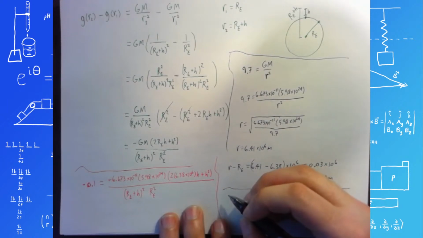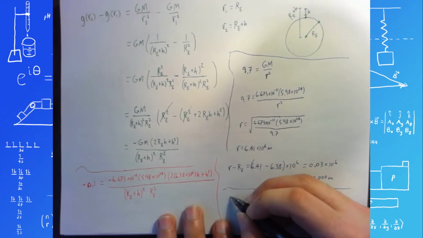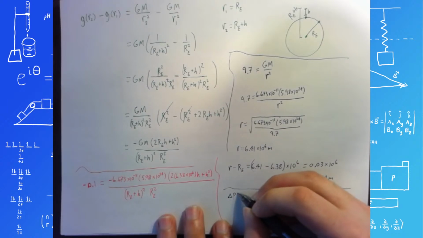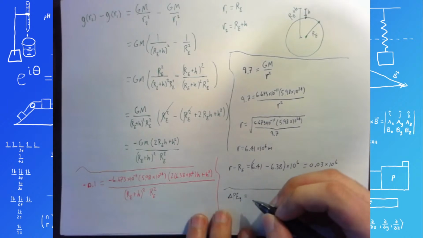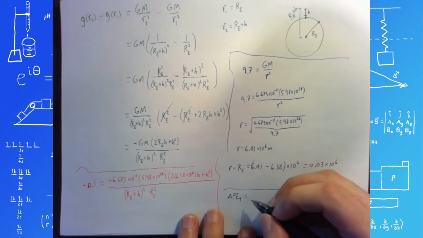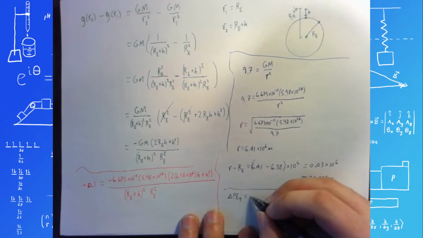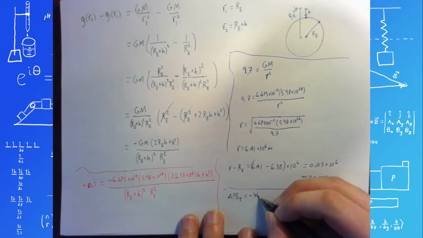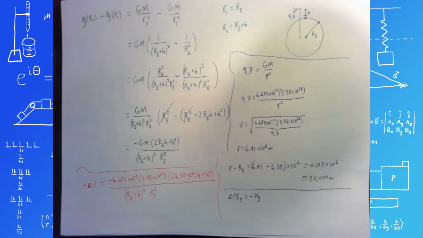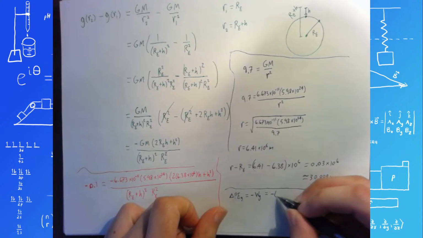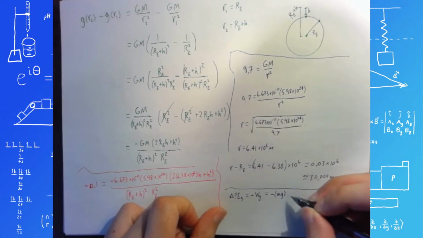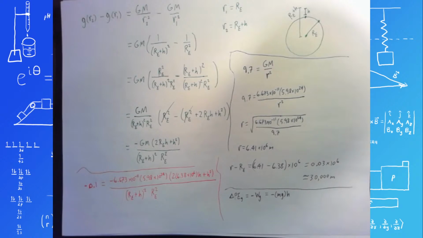Because when we were assuming that the acceleration due to gravity was constant, we just said that the gravitational potential energy was equal to what? It would be the negative of the work done by gravity, which would be negative the force of gravity, which we just treated as a constant mg, times the change in height h. Well, we can't really do that anymore.